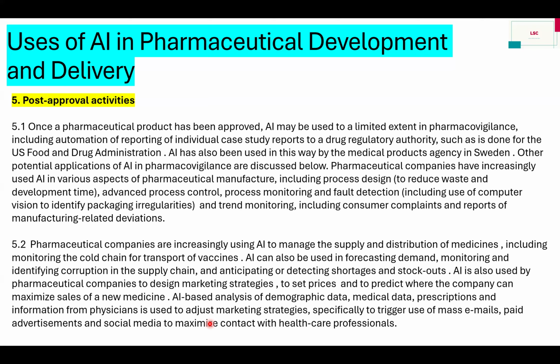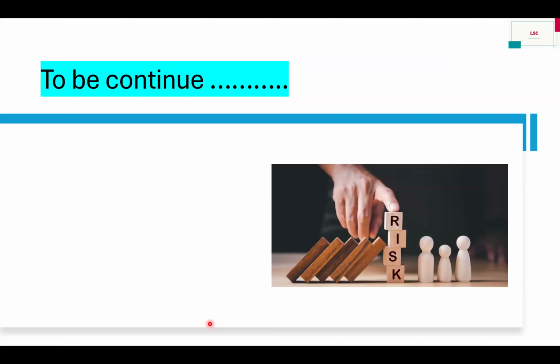AI-based analysis of demographic data, medical data, prescriptions, and information from physicians is used to adjust marketing strategy, especially to trigger use of mass email, paid advertisements, and social media to maximize contact with healthcare professionals.